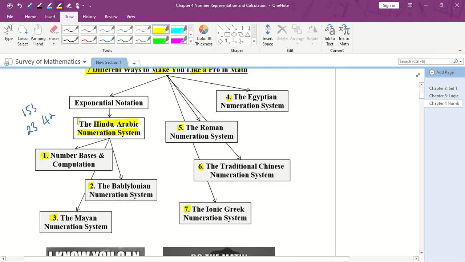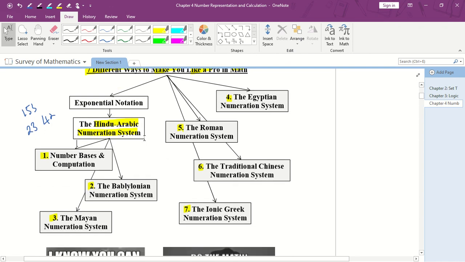However, today we will start to learn about something different that was used before by the Babylonians, the Mayans, the Egyptians, the Romans, the traditional Chinese, and the Ionic Greeks. When you know how to write in these 7 different ways and show others how the Roman or Egyptian numeration system is written, then you're like a pro in math.